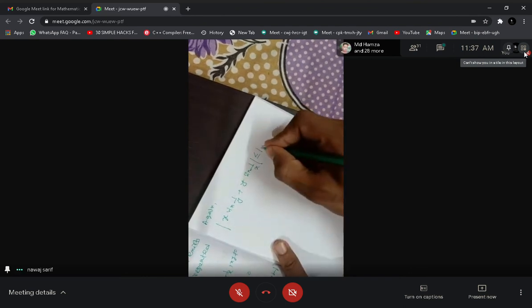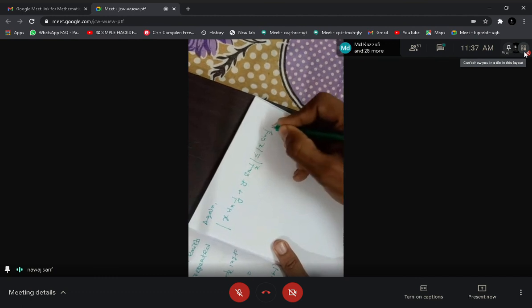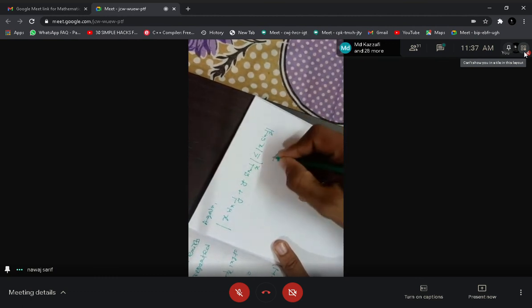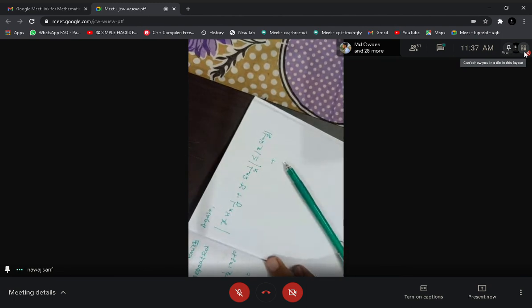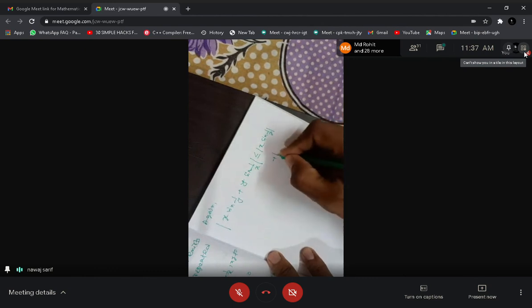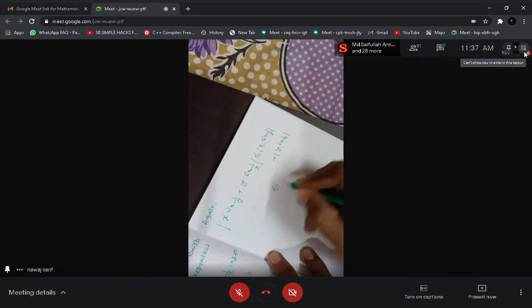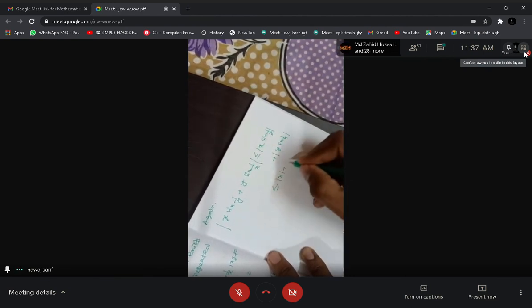Mod of x sine 1 by y plus mod of y sine 1 by x, and this can be written as less than or equal to mod of x plus mod of y, because mod of sine theta is less than or equal to 1.